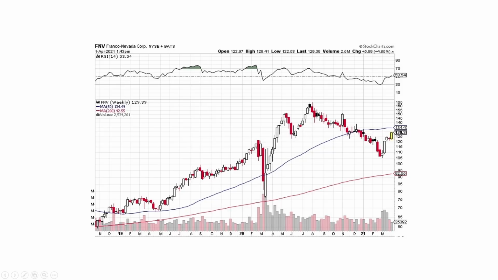Big up days, and then the slow leak out of sellers. That's what we want to see. Then the big moves are coming right now. So we're probably at the beginning of a large move in some of these royalty companies. This is fantastic. And again, I own a lot of this stuff, so I pay close attention to it.